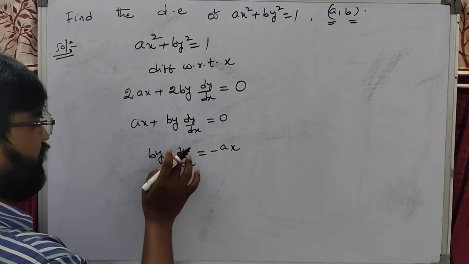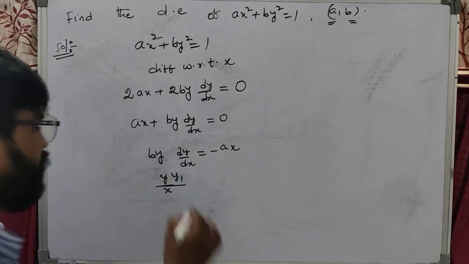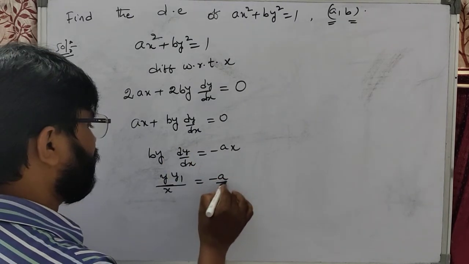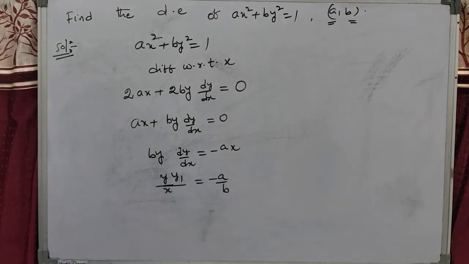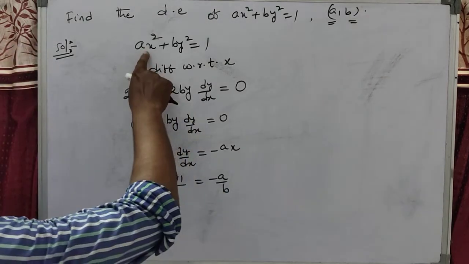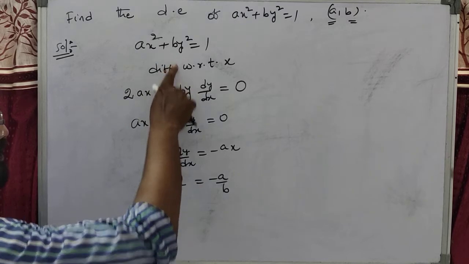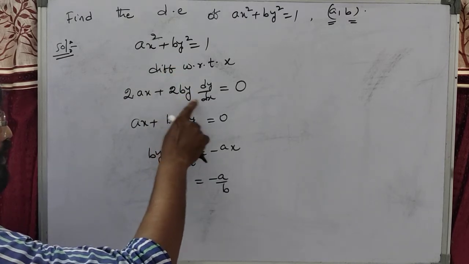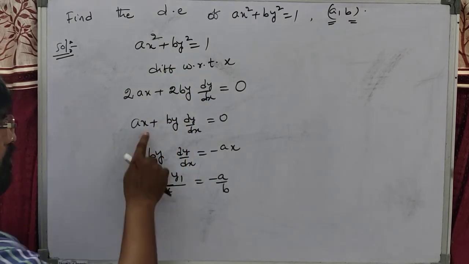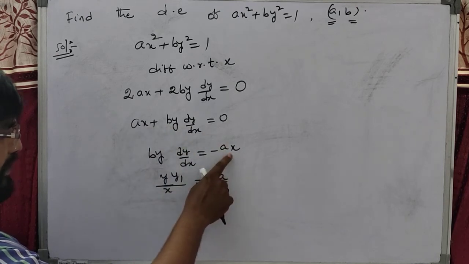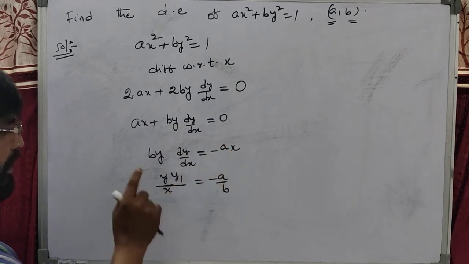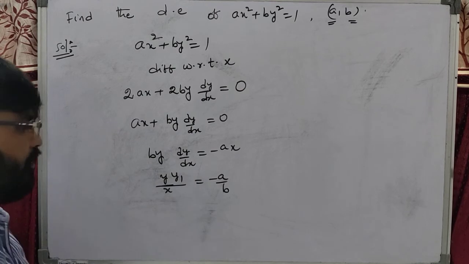So y1 equals minus a by b. How to write this? First we differentiate. This is 2ax, this is 2by, the derivative of y is dy by dx, plus ax sending to the other side, minus ax. After that, into x is by x, dy by dx is nothing but y1.